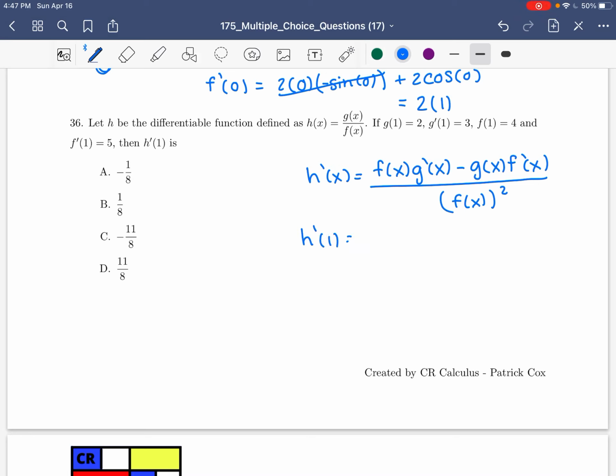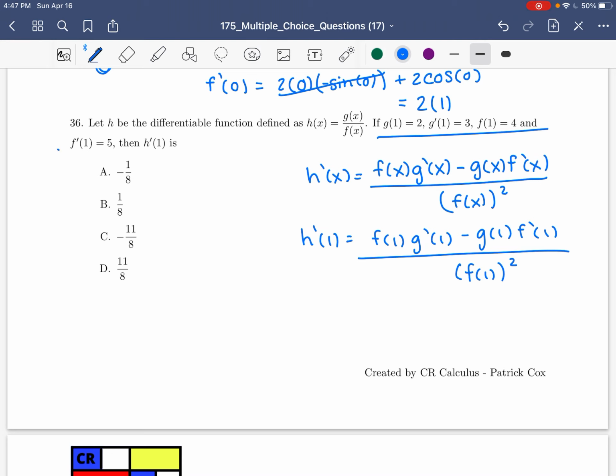Then I plug in the value they look for, which is 1. So f of 1 times g prime of 1 minus g of 1 times f prime of 1, all over f of 1 squared. Then I just plug in the values that they've defined for us all up here.